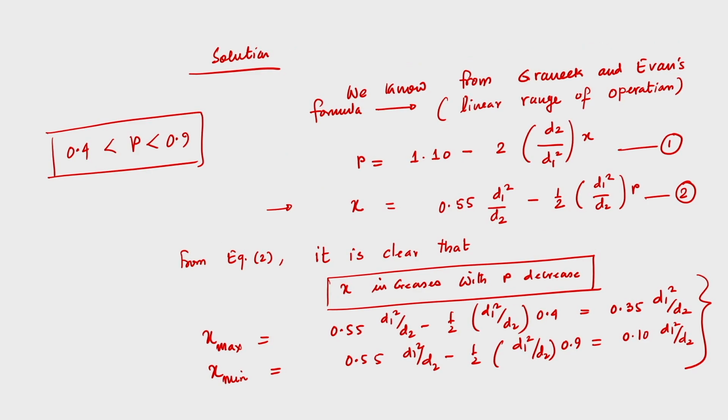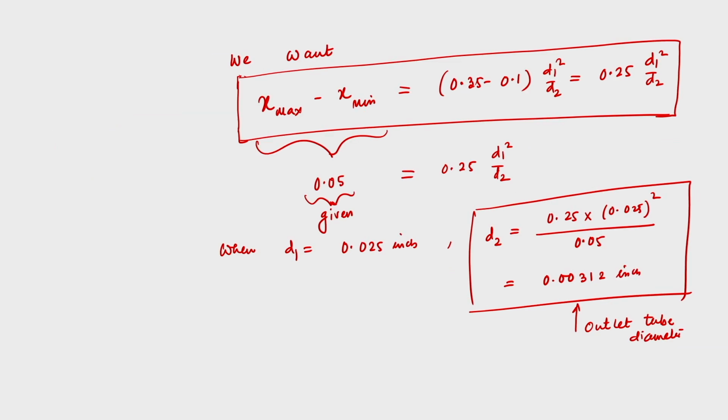And if I use either x max or x min, say this equation is 3. So, from equation 3, we can write d1 square by d2 is equal to 0.2.